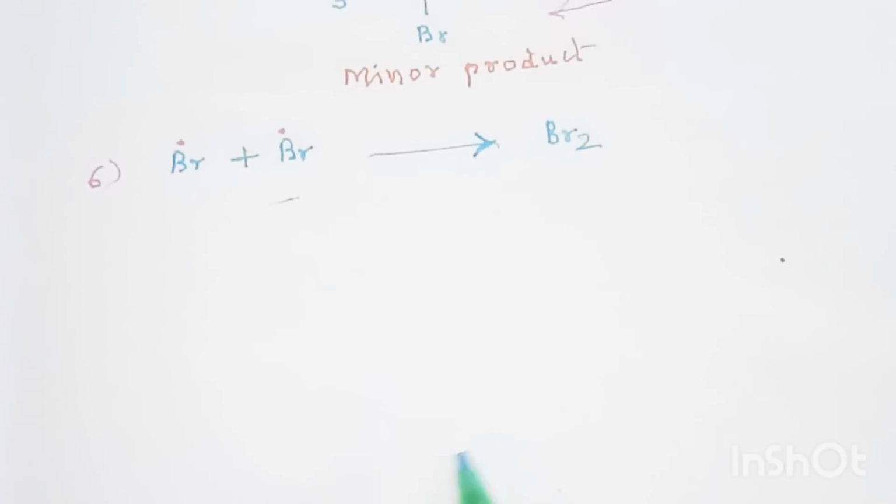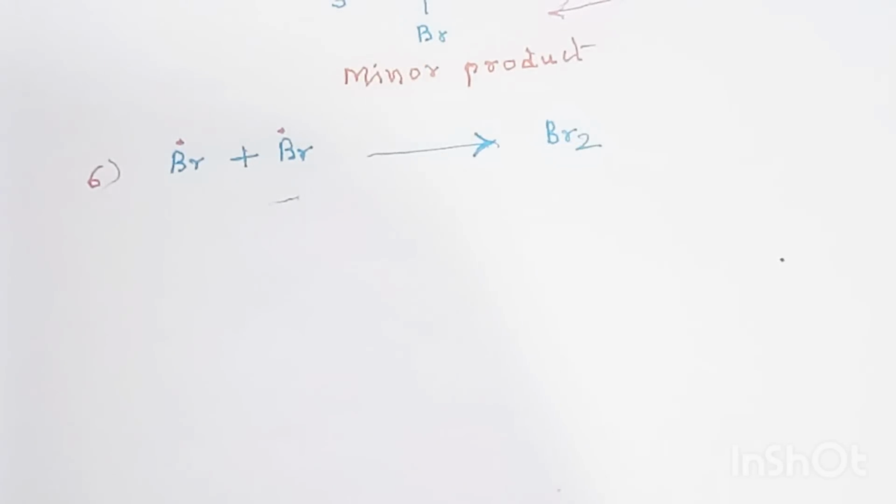So as told already, the Markovnikov rule is an electrophilic addition reaction. It starts with an electrophile formed from HBr, whereas the anti-Markovnikov rule is a free radical addition reaction.